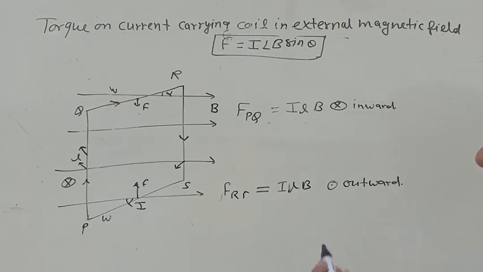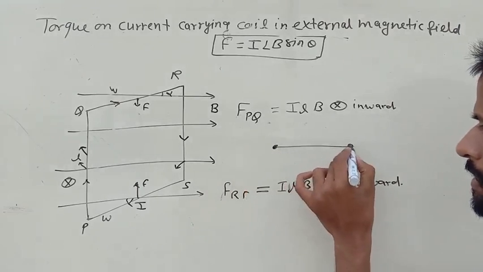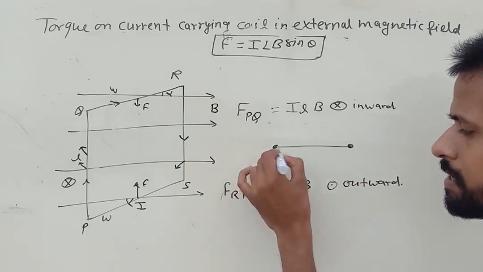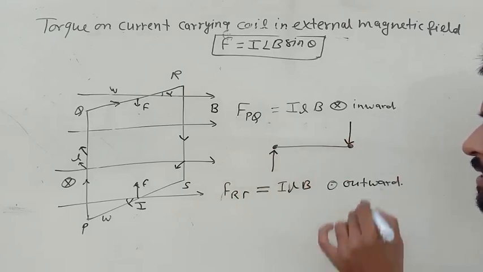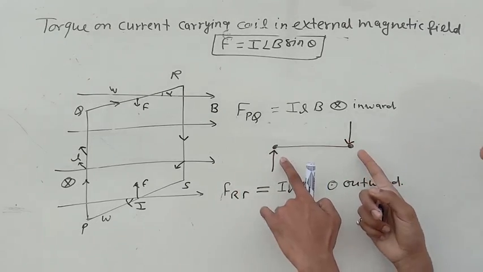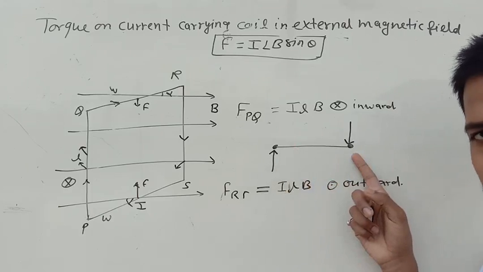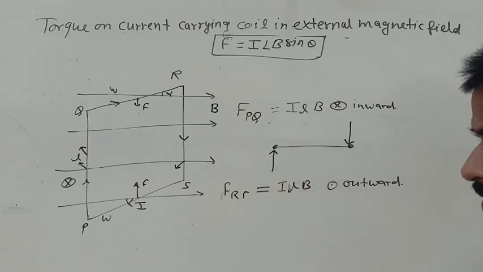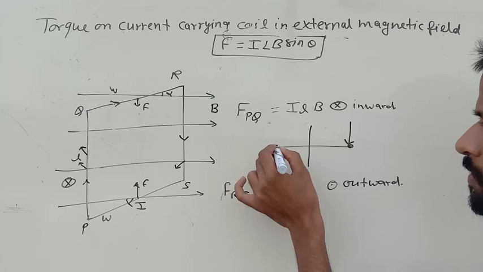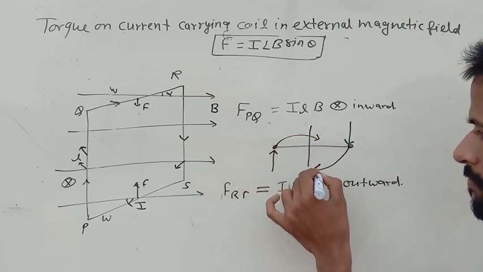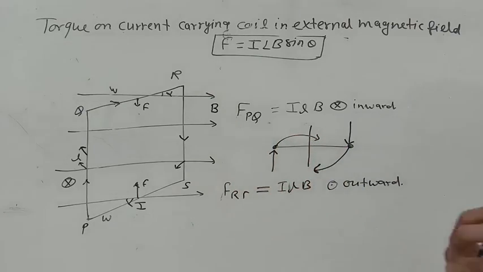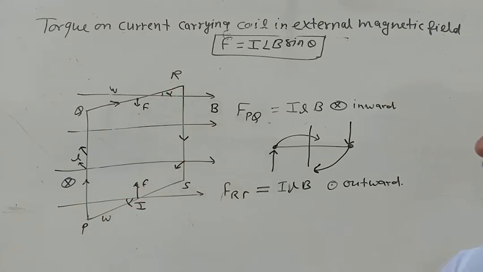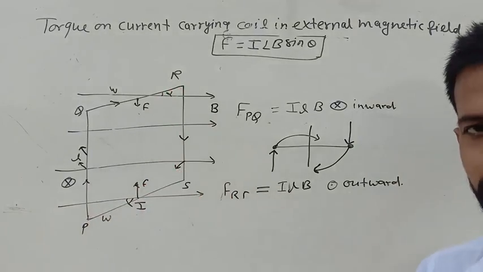Whenever two equal and opposite forces act on a single object at different points, it will rotate like this. It means there is a torque, so this current carrying coil experiences a torque.